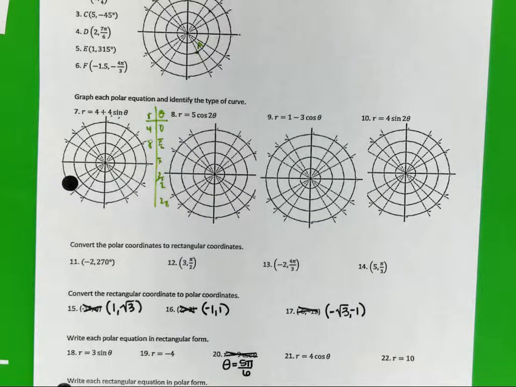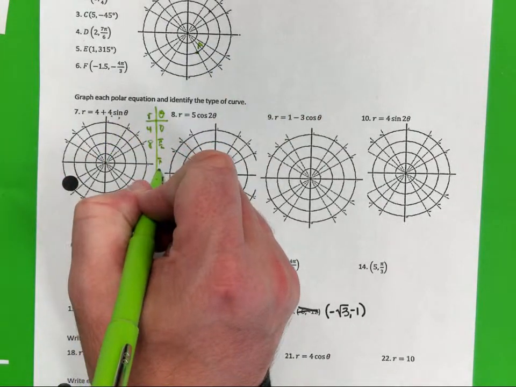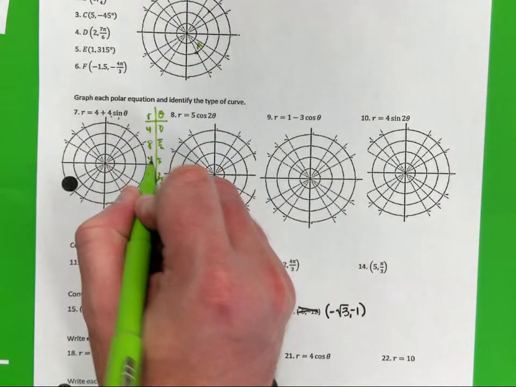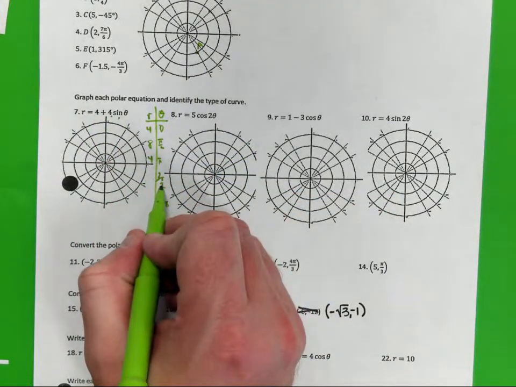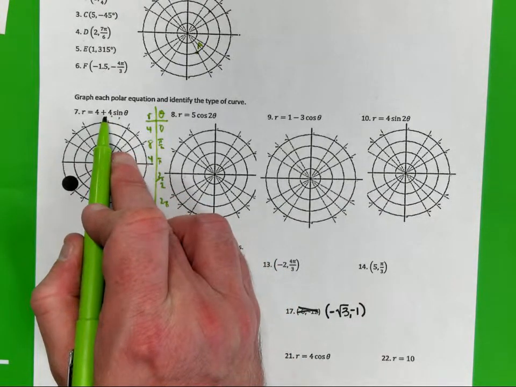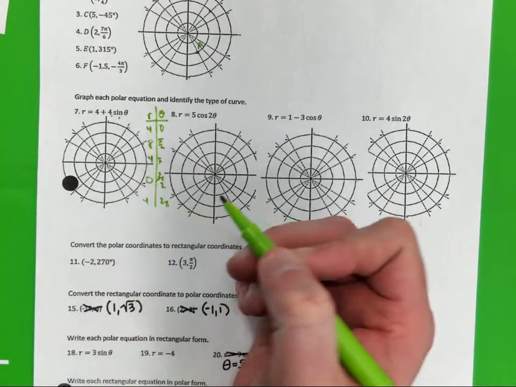That's going to be a dimple at the what? Pole. That's what you got to be thinking in your mind, okay? All right. Sine of pi is what? 0. 0 times 4 is 0 plus 4 is 4. Sine of 3 pi over 2 is -1. -1 times 4 is -4 plus 4 is 0. And then, of course, this will be 4.